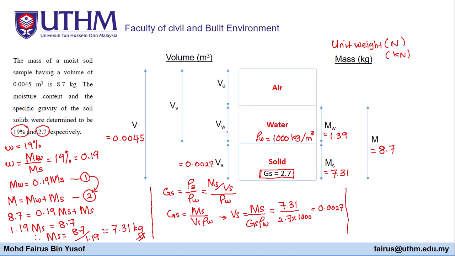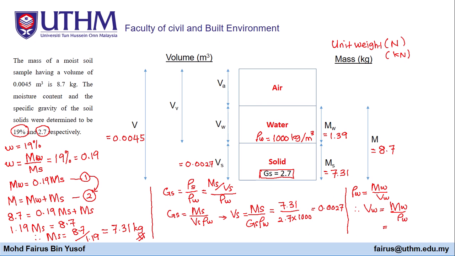Then you can also calculate the volume of water by using the correlation of density of water, because the density of water equal to mass of water divided by volume of water. You want to calculate the volume of water, so you have to move to the left. So volume of water equal to mass of water divided by density of water.